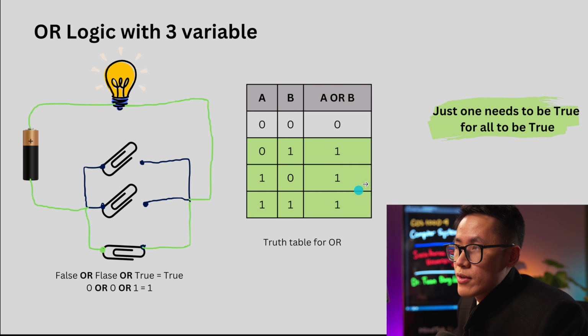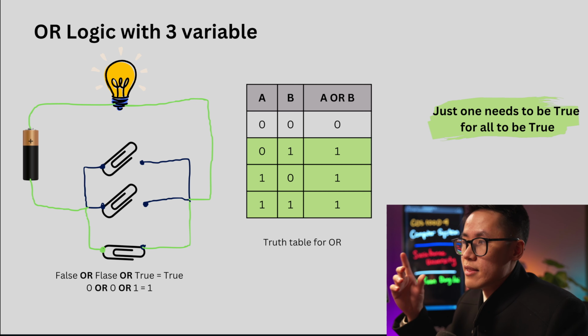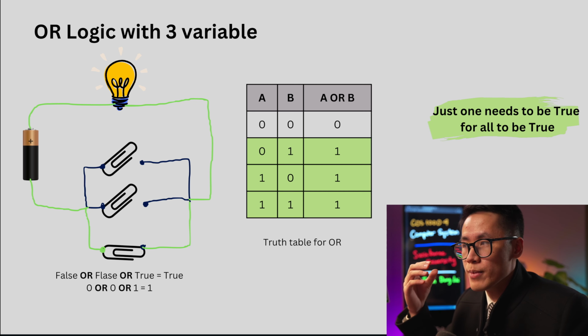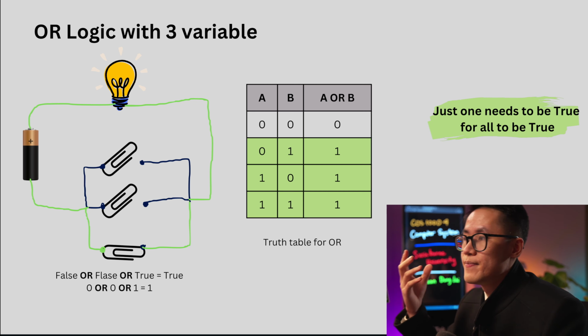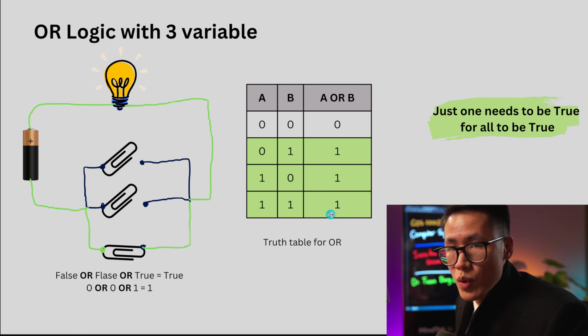This is the truth table for 2 variables of an OR logic. So 0 or 0 will be 0, 0 or 1, which means one statement is true, then the final A or B would be true, which means it will be 1. Next one, 1 or 0 will be 1, and 1 or 1 is 1.